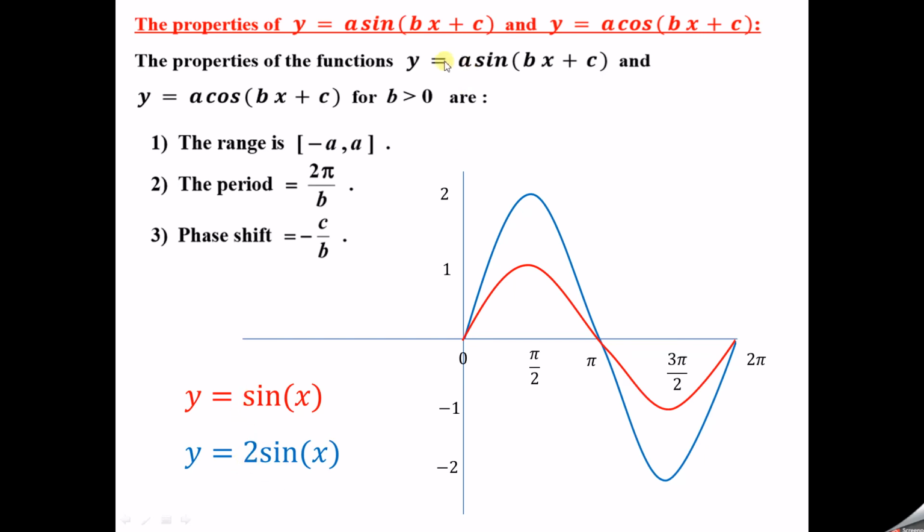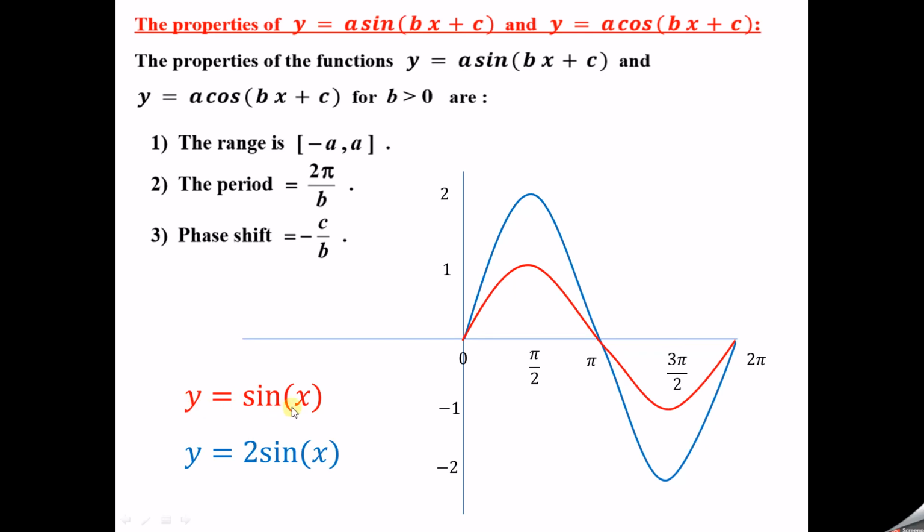That means a is 2 here. From that we understand that for y equal to 2 sin x, the range is between minus a and plus a, that is minus 2 and plus 2. Whereas for this function a is 1, therefore the range is between minus 1 and plus 1.